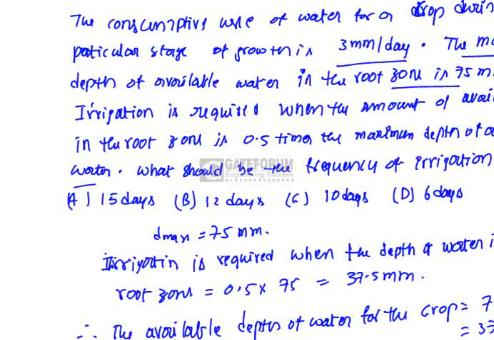So 37.5 by consumptive use of water, given as 3 mm per day, is equal to 12.5 days. After every 12.5 days the water has to be applied so that the available depth can be maintained, so that the crop can be grown. So 12.5 days, the relevant answer for this question is option B.